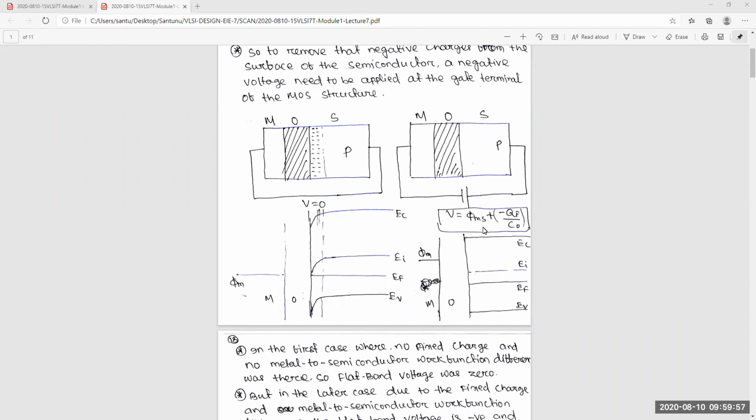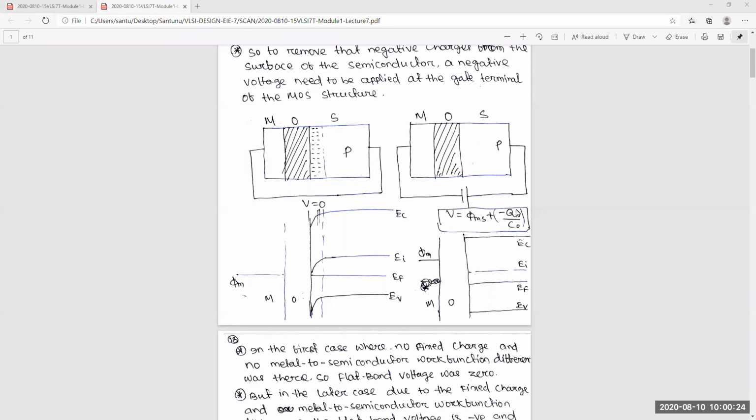This is phi m minus phi s. For a metal, phi m is generally 4.1, 4.2 like that. For phi s, we calculate from EC to the reference, it's 4.05. Other things you can calculate from these values.